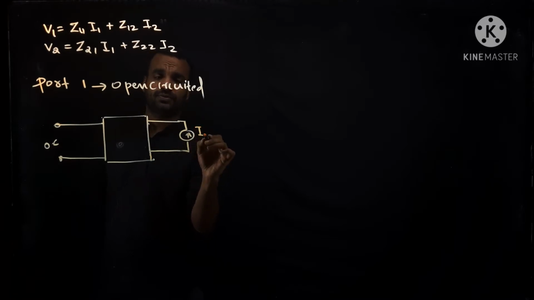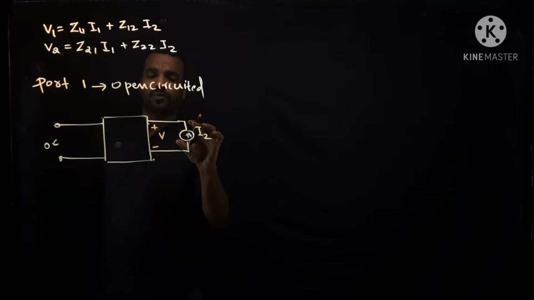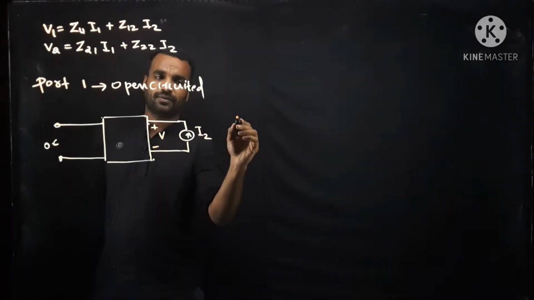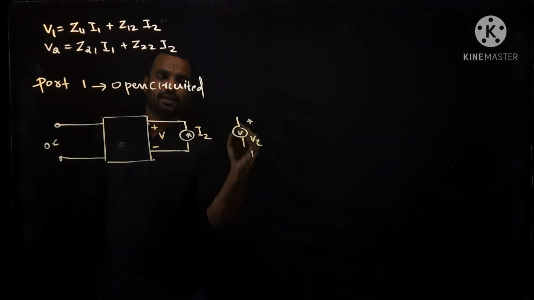If it is a current source, it will inject a current, and based on that voltage will be here. Or if it is a voltage source, I have to connect a voltage source V2 like, and there also current I2 will pass like this.